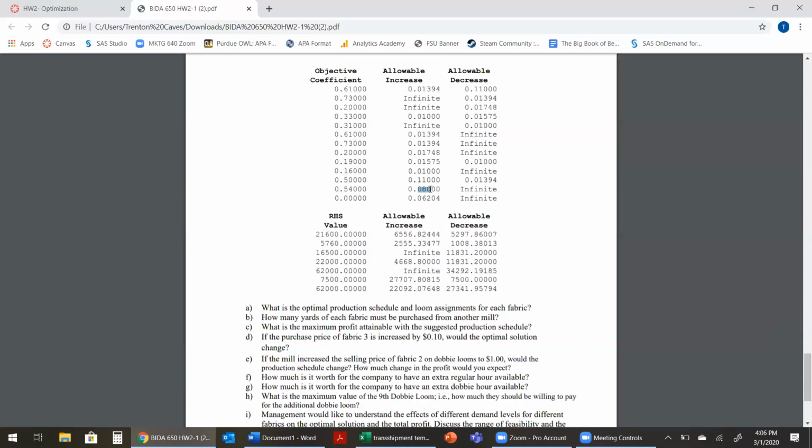So question E, if the mill increased the selling price of fabric 2 on Dobie looms to $1, would the production schedule change? How much change in profit would you expect? We're looking at fabric 2 on Dobie looms being increased to $1.